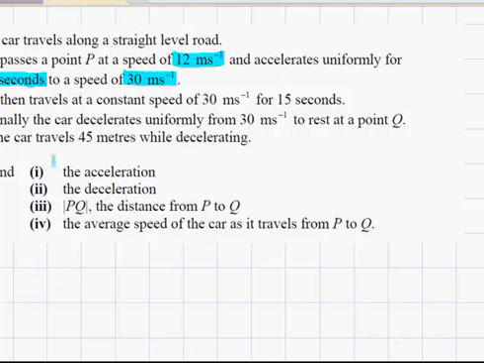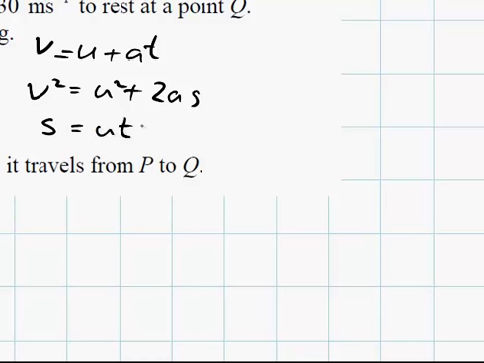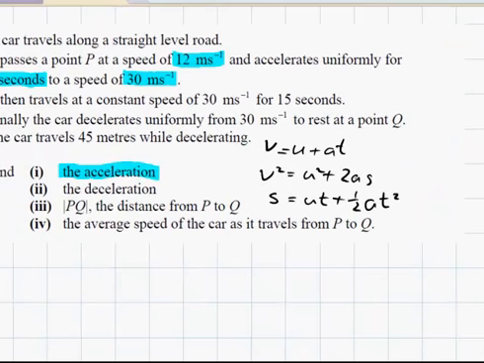Okay, now the first part of this question is to work out the acceleration. In order to do that, you want to be thinking of the 3 equations of motion that you have to have. So you've got v equals u plus at, v squared equals u squared plus 2as, s equals ut plus a half at squared.